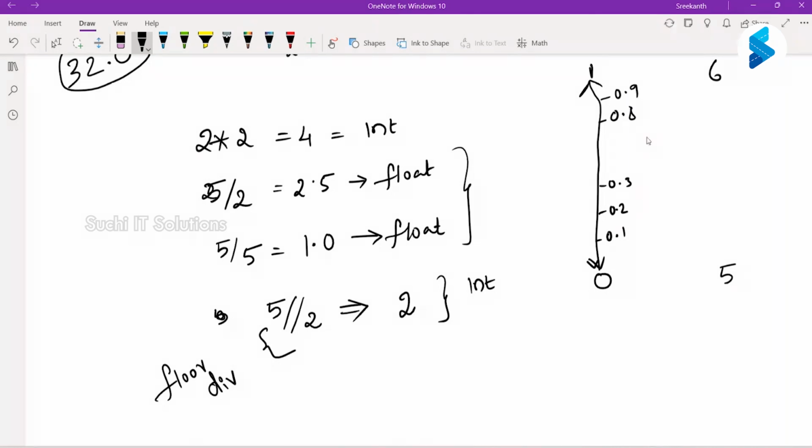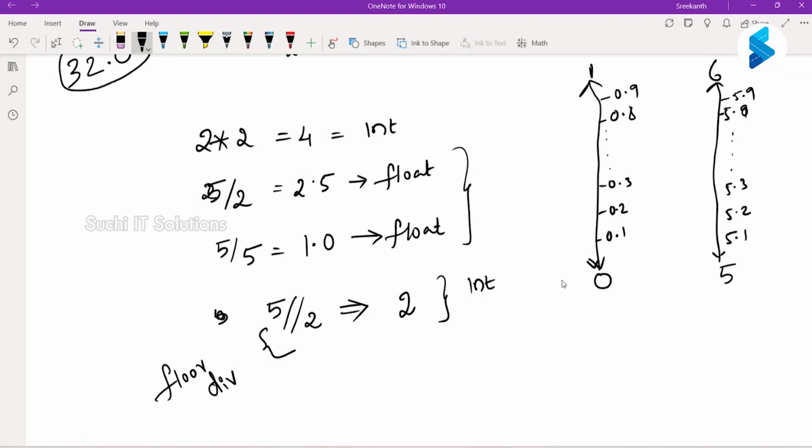These are all the decimals that we can see between 0 and 1. Similarly, between 5 and 6 would be something like 5.1, 5.2, 5.3, up to 5.9 and then 6, right?